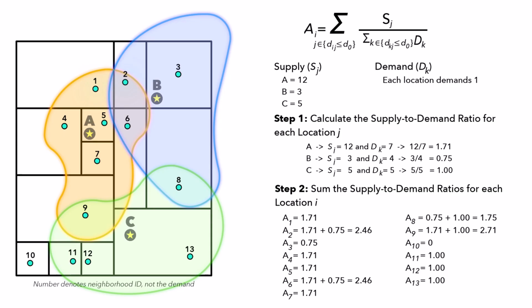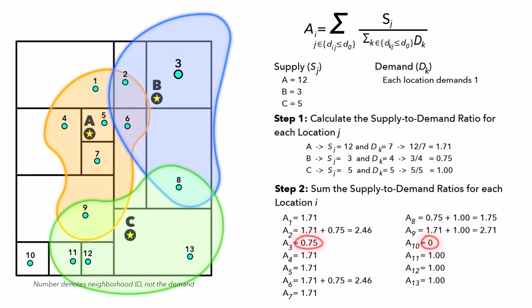In particular, we can see that some neighborhoods, like neighborhoods 2, 6, and 9, have particularly high access to healthcare, while other neighborhoods, like neighborhood 3 and neighborhood 10, have much less access. Neighborhood 10, in fact, has no access, and neighborhood 3 has less than one doctor available for potential patients, indicating a shortage of healthcare services in both locations.